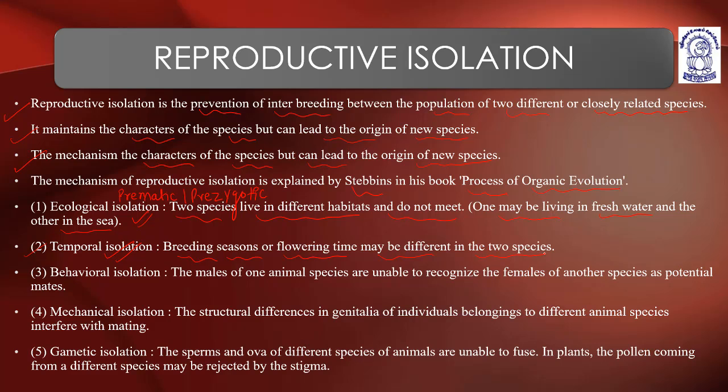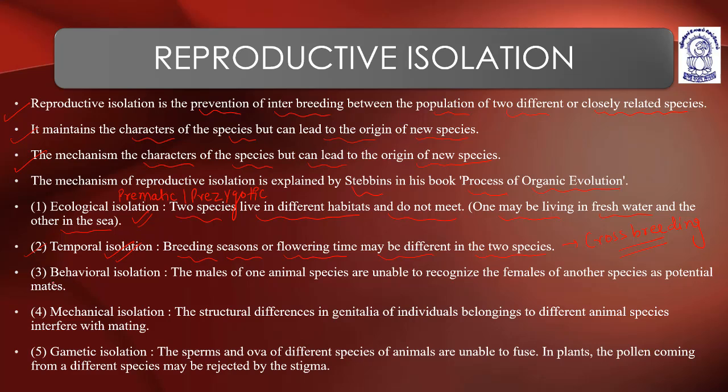But they need to mature at the same time for fertilization. That is why, if the breeding seasons of two species are different, they are not going to disperse their seeds to one another. The chances of cross pollination or cross fertilization are very reduced. So temporal isolation decreases the frequency of cross breeding.